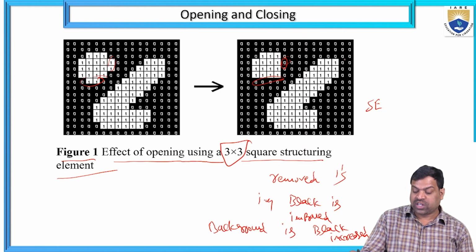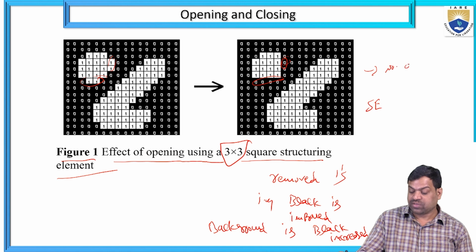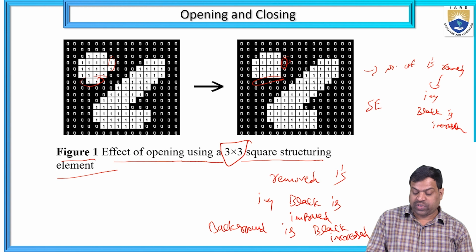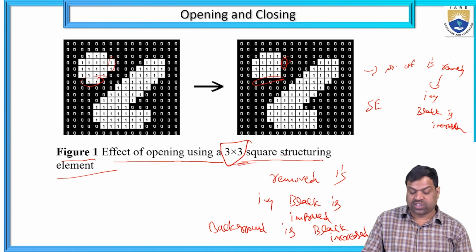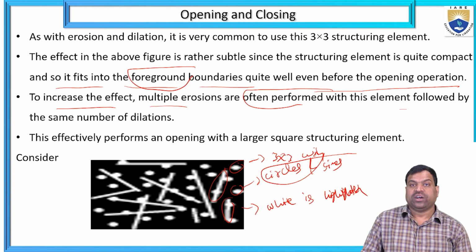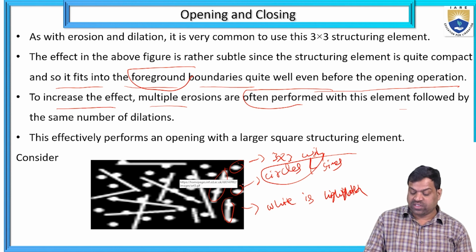Here the number of ones is removed. So this is the effect of opening using the 3 by 3 square structuring element, and erosion and dilation are very important. Here circles and lines are there.